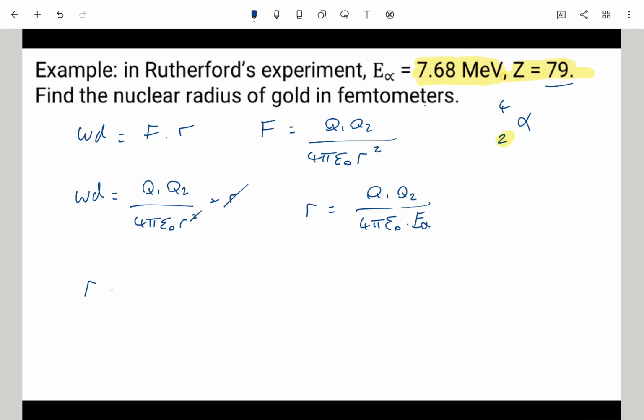So the radius or distance closest approach would be charge 1, which is 79 times E, E being the charge of a proton, 1.6 times 10 to minus 19 coulombs, multiplied by 2 protons times E divided by 4 pi epsilon naught. Epsilon naught's a constant on the data sheet: 8.85 times 10 to minus 12.